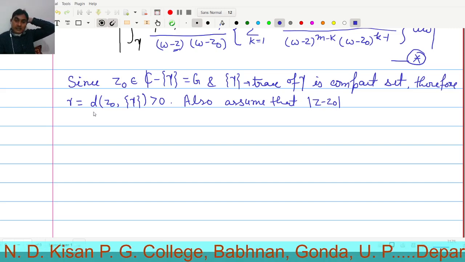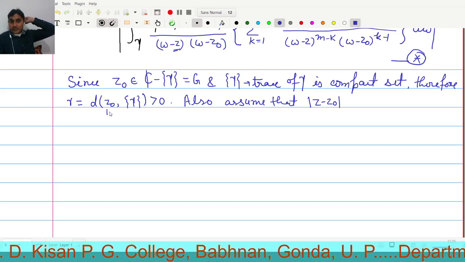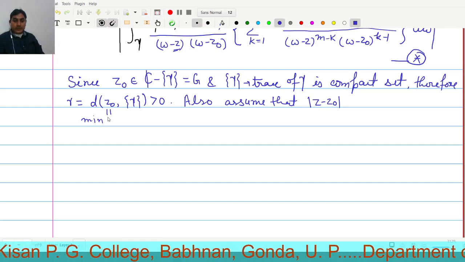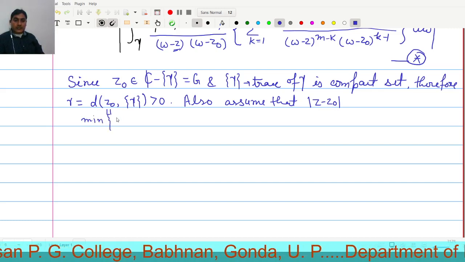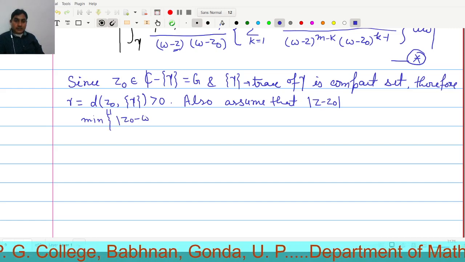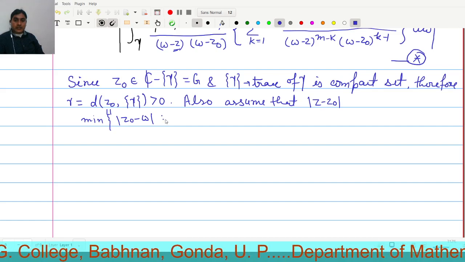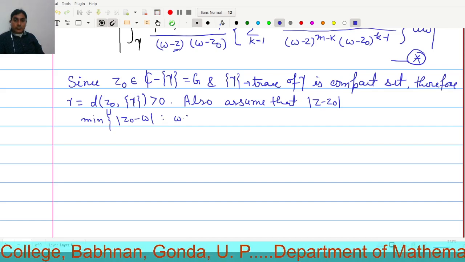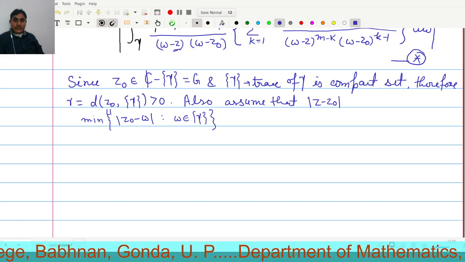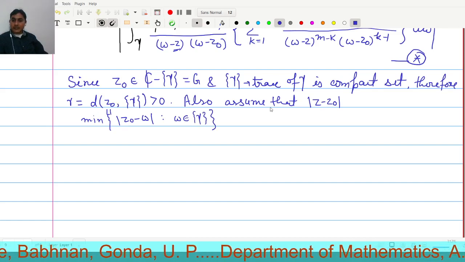Here distance is nothing but the modulus function. This particular thing is defined as the minimum of mod of Z naught minus W, such that W belongs to the trace of gamma.